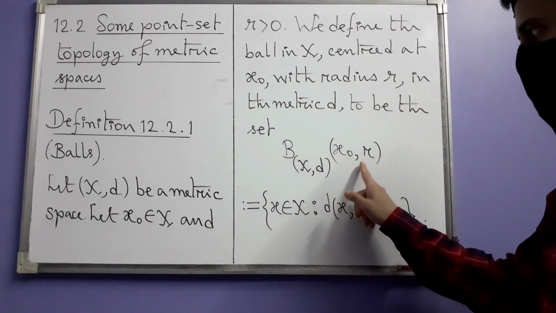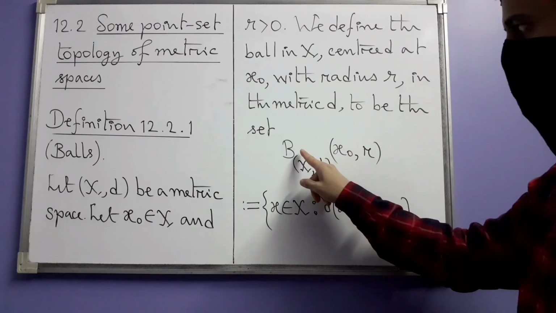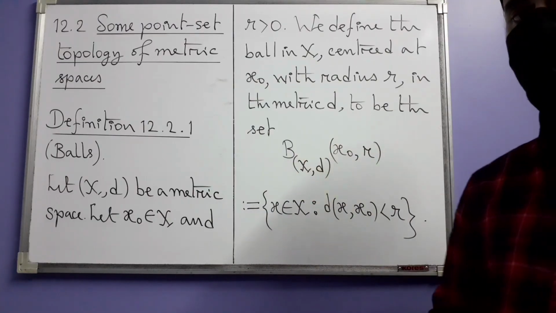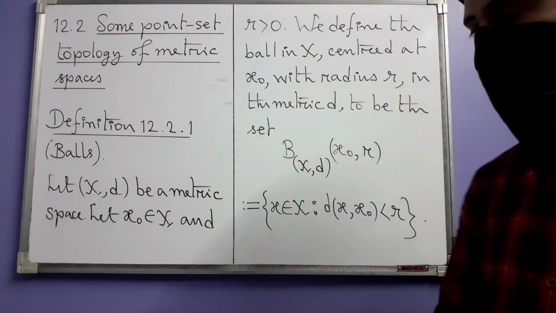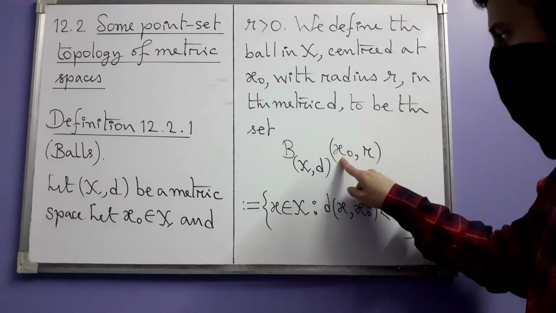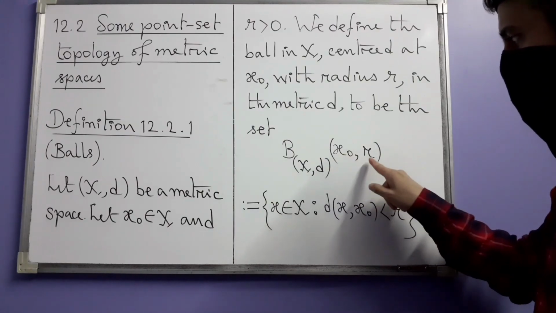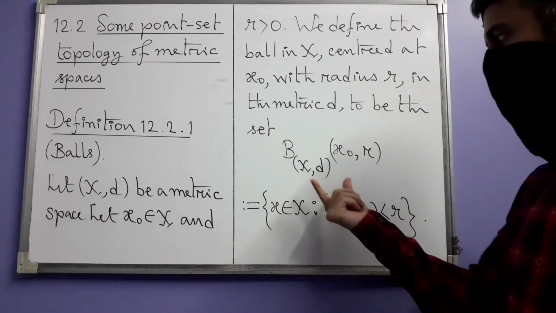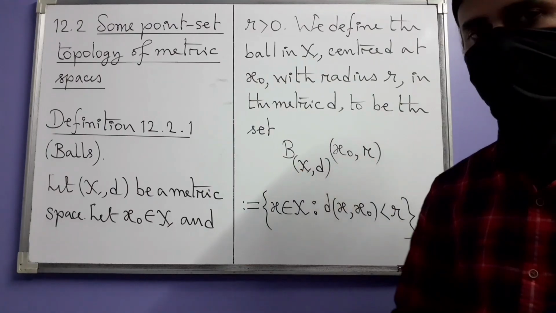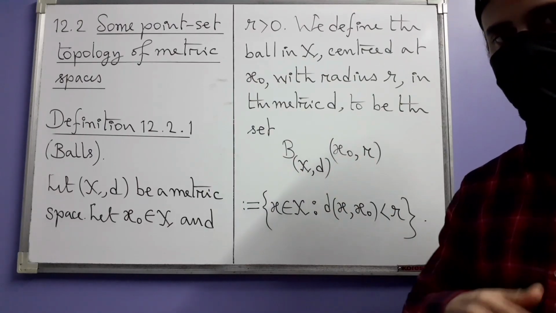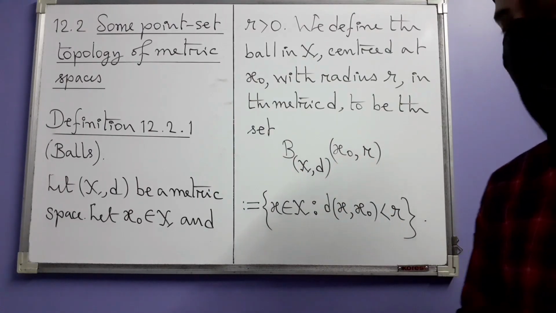And regarding this notation, you can see that B stands for ball. You can see the center here, comma, the radius. And also the metric space has been mentioned so that we can understand where we are considering this ball.